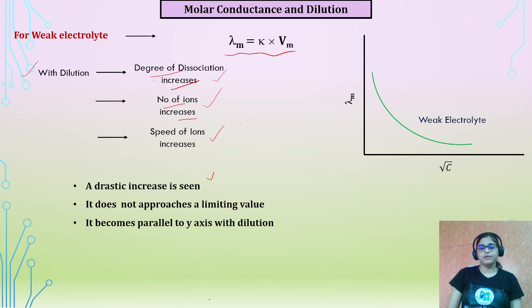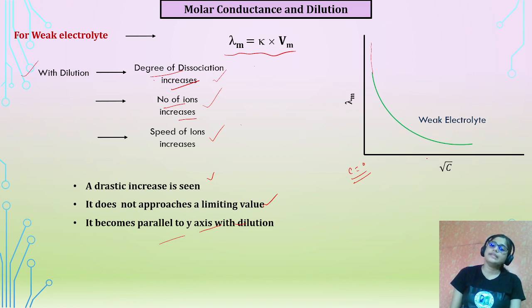It doesn't approach a limiting value. When we try to make C equal to 0, or very close to 0, it will be like this. It becomes parallel to the y-axis as we go towards the limiting value.